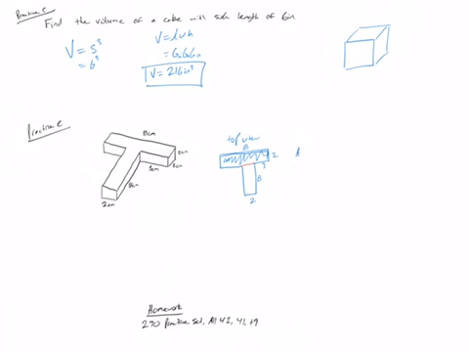So the area of that one is going to be 2 times 8. Now these are centimeters. So it's going to be 16 centimeters squared. The area of this red one is 2 wide and 8 tall. So the area is going to be 2 centimeters by 8 centimeters, which comes out to be, again, 16 centimeters squared.